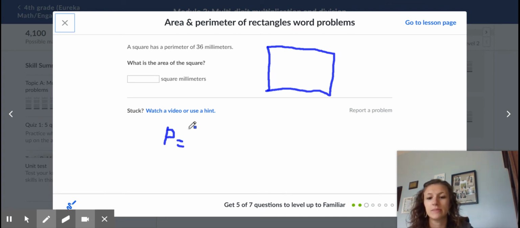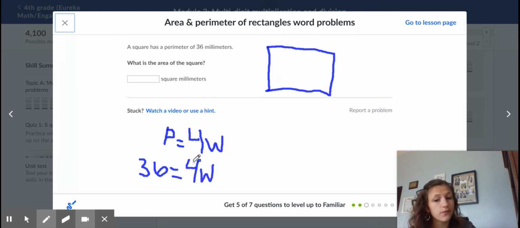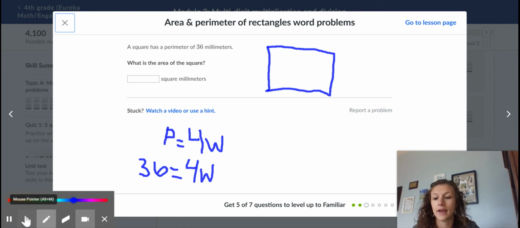I'll just use my width variable. So this is equal to 4 widths, because it's this one plus this one plus this one plus this one. So 36 is the same as 4 of my widths. What times 4 gives me 36? The answer is 9.